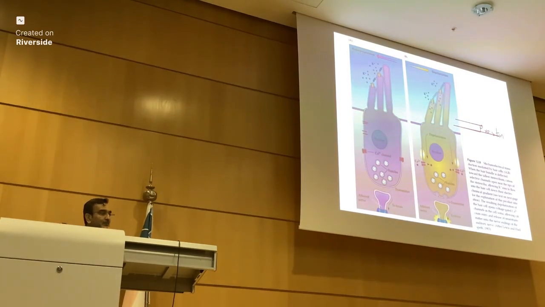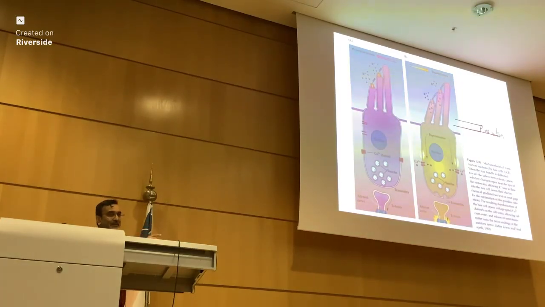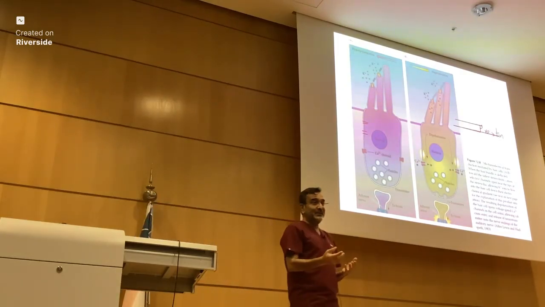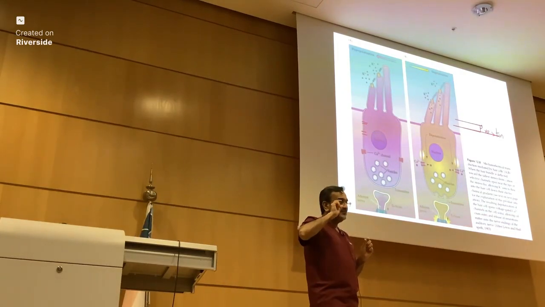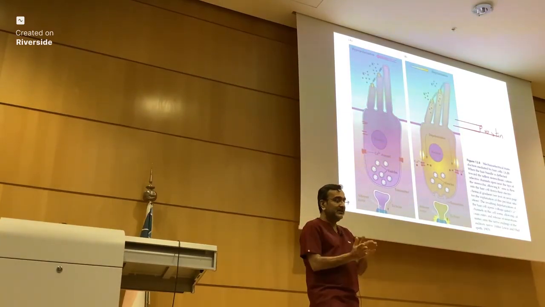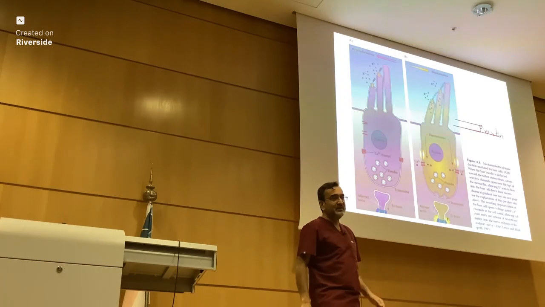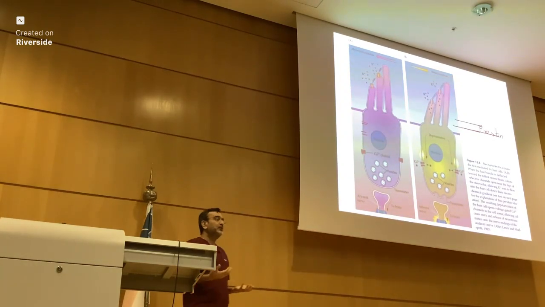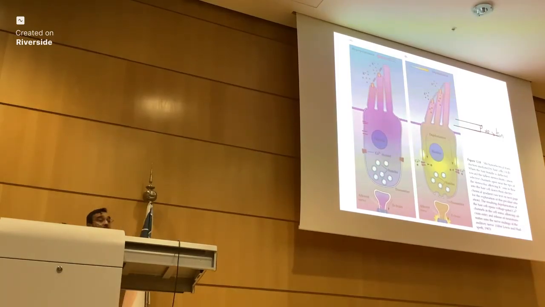And this is going to make the upward bowing of the basilar membrane. So this is done for increasing the sensitivity of the sound. If you want to have more sensitivity, there would be upward bowing of the basilar membrane, which is going to cause more sensitivity to the sound.